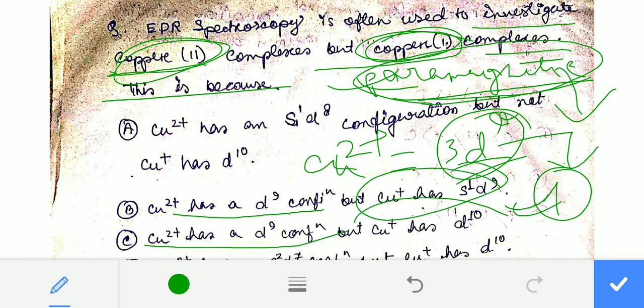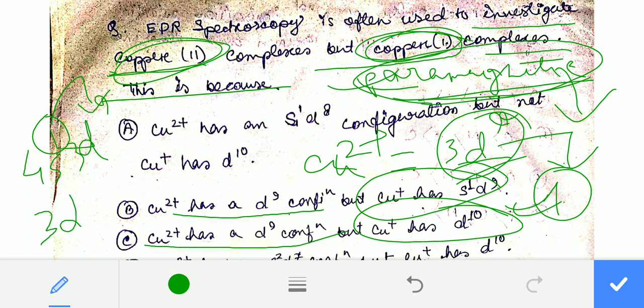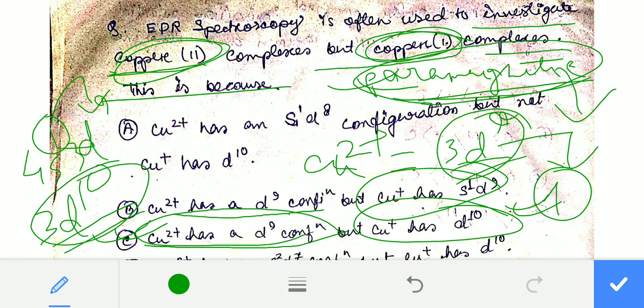But for copper plus, we need to know the outermost electronic configuration. In copper plus, one electron is removed from the 4s1 orbital, leaving 3d9. But what is to be considered in the case of copper plus is that the 4s1 electron shifts to the 3d orbital so that it can have a stable, fully filled 3d10 configuration, which stabilizes the copper plus ion. In option C, it is given as copper 2 plus has 3d9 and copper plus has 3d10.